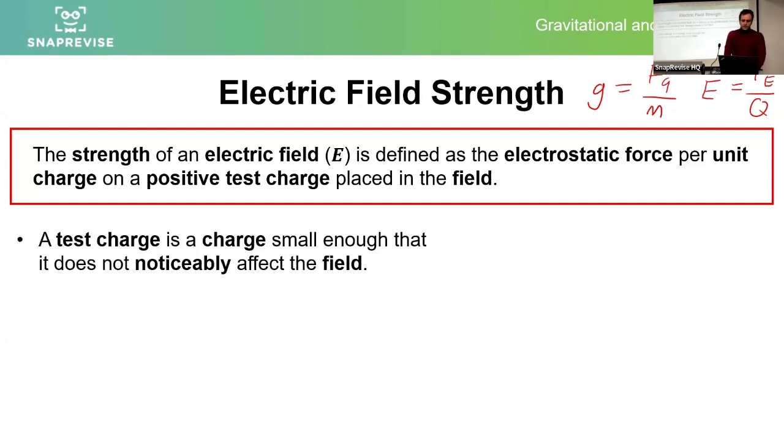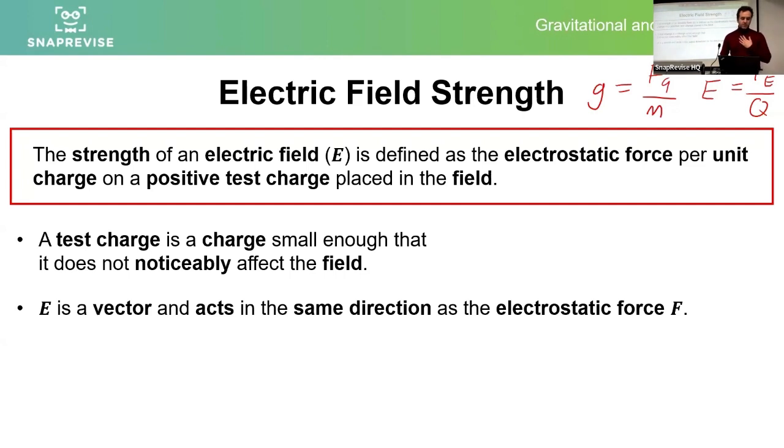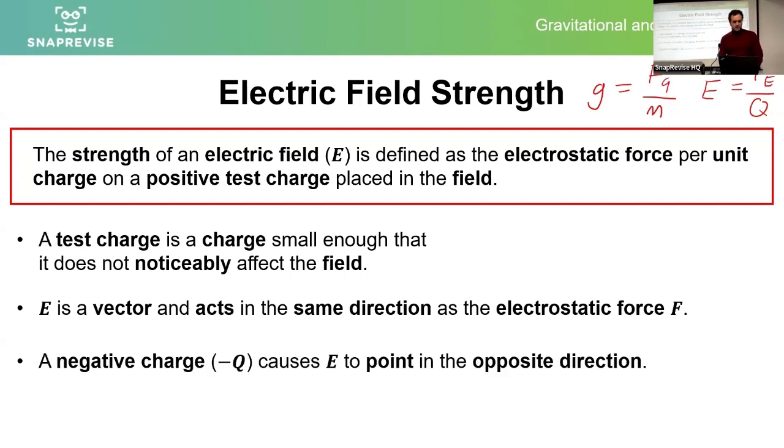And it's defined as the force that would affect a positive test charge, just as we had for the electric field arrows. A test charge is a charge that's small enough that it doesn't noticeably affect the fields.